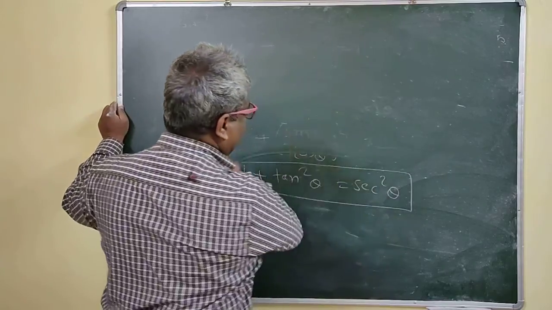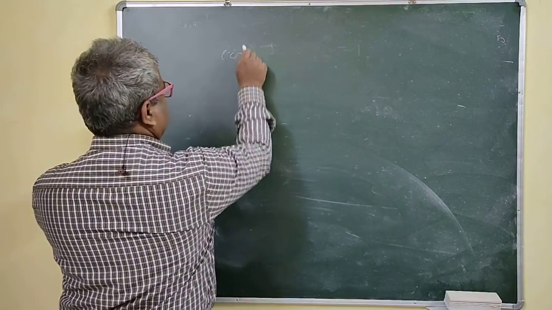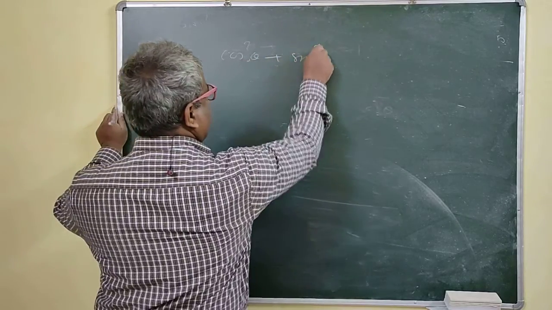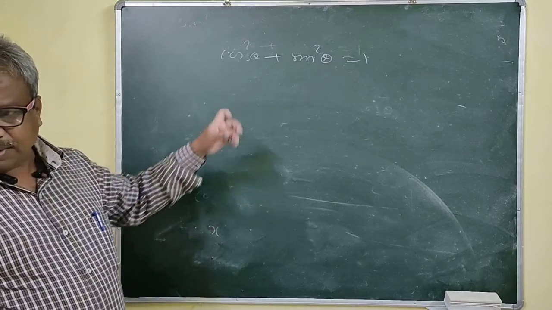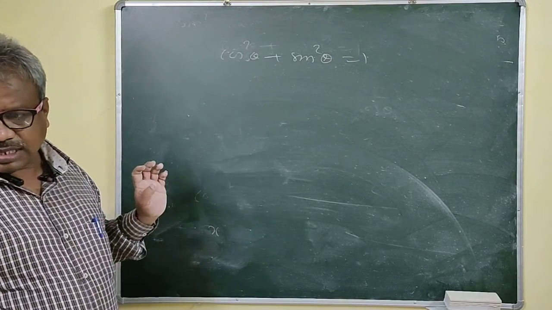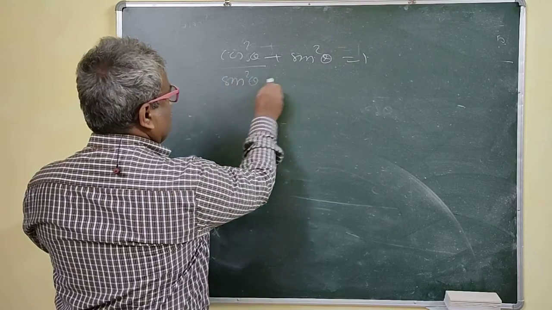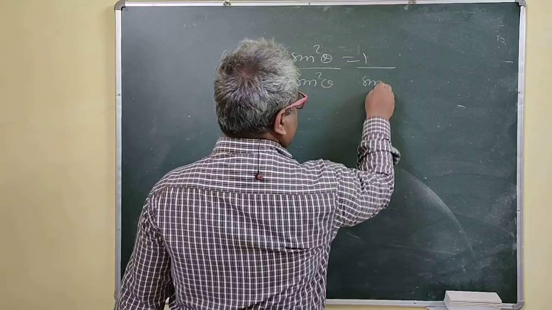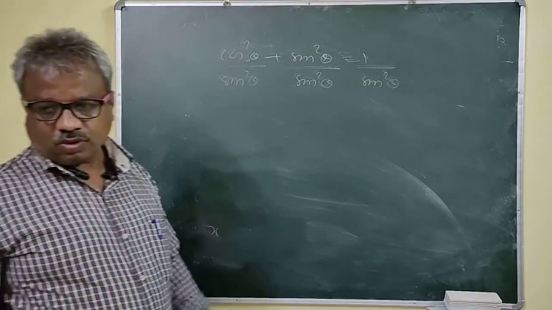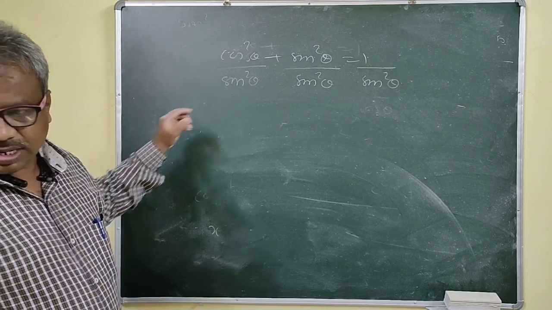Now again, we have cos square theta plus sin square theta is equal to 1. We divided by cos square, now we will divide by sin square. So cos square theta upon sin square theta is nothing but cot square theta.